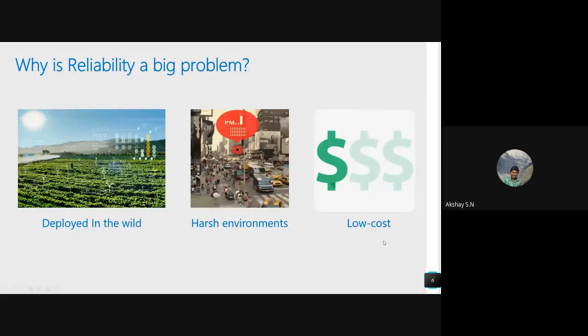So typical IoT devices are always made of low-cost components. Of course, there are certain scenarios, like aircraft, where the use of low-cost sensors is very minimal. But apart from a few selective domains, in the majority of domains, people are using low-cost sensors, and that is the other reason why reliability is a big problem.